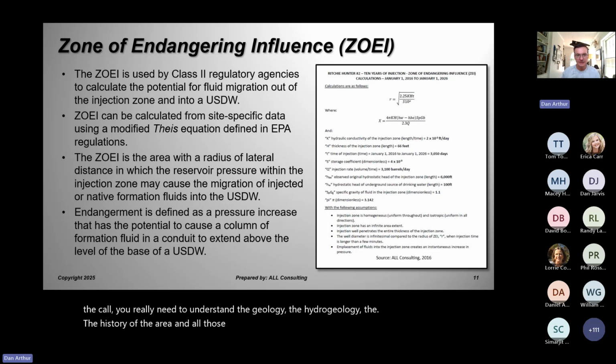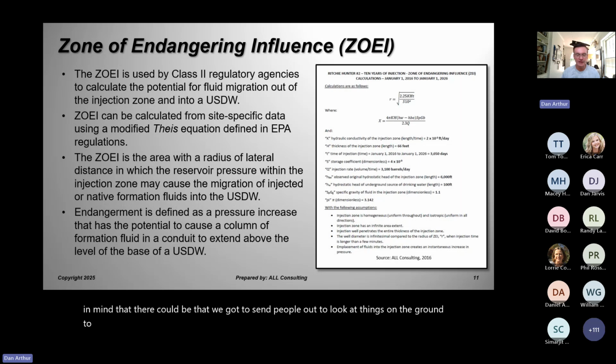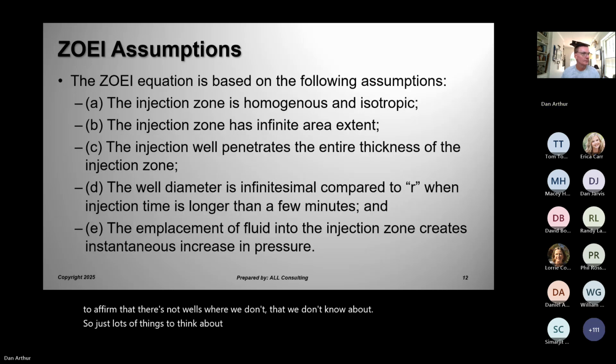You may need to take a look at this and say, hey, there are some things within this calculated zone of endangering influence that might change it, and maybe we need to increase it. Maybe we need to send people out to look at things on the ground to affirm that there are no wells we don't know about. So just lots of things to think about and consider.